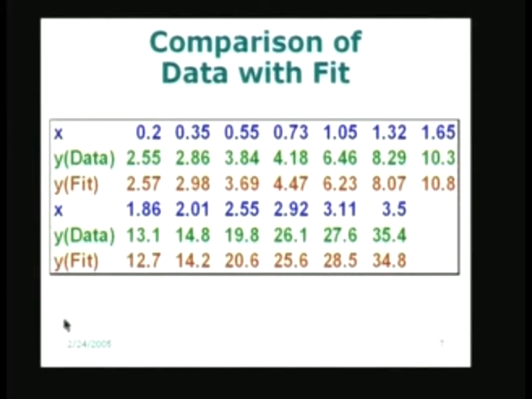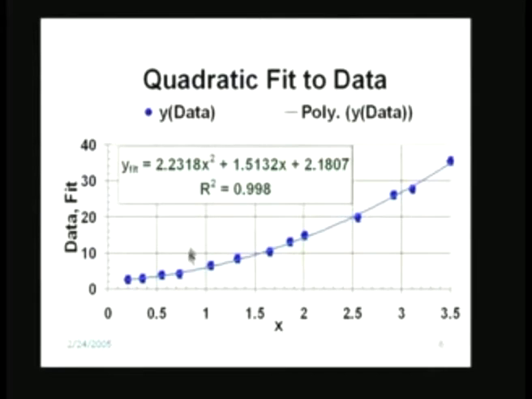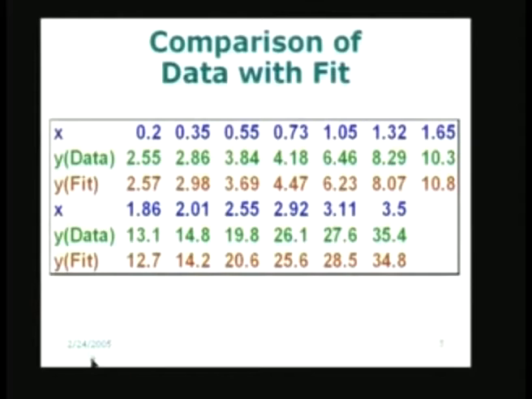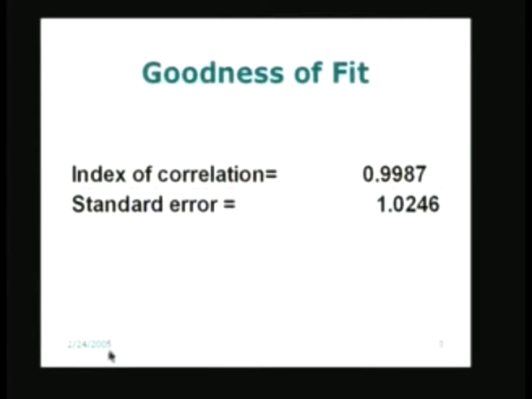And in fact, it is further amplified by looking at the R squared value. As I indicated, the R squared value also comes out from the Excel program. Directly it gives you the index of correlation, and that is given by 0.998, which is a value very close to unity, and therefore obviously it means that the fit is sufficiently good for our purposes.